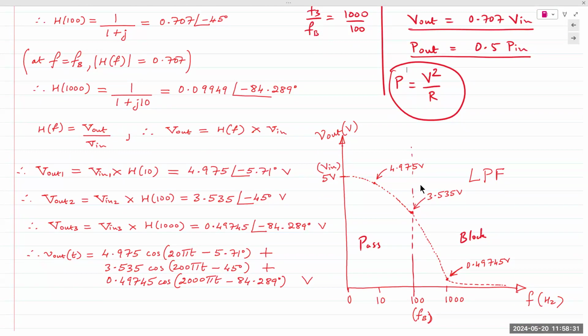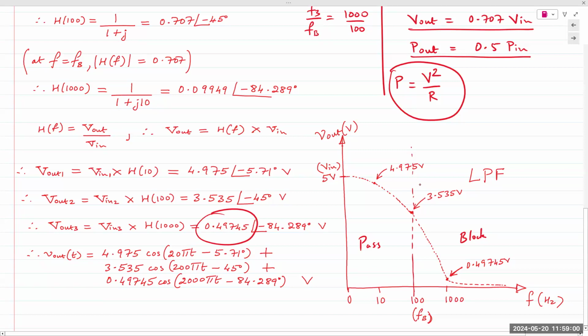Yet we still obtain some output. It's less than 10% of the input signal, but you still obtain something. It's half a volt. So in real life, we design our filters keeping all of these considerations in mind. We would know that we would obtain at least half a volt if the signal is 1000 hertz, but we design it such that the circuit ignores that value.